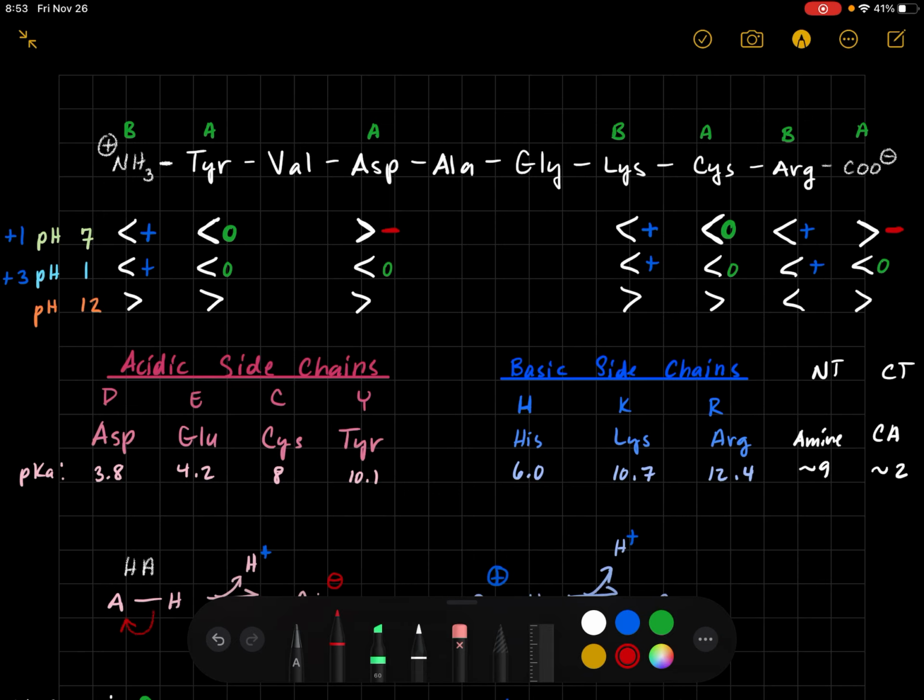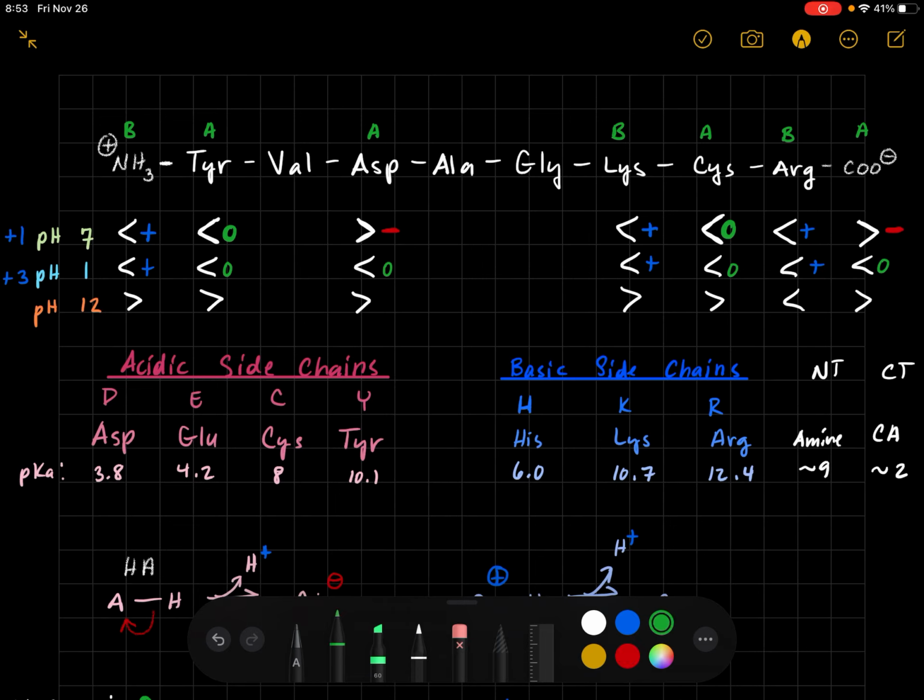Since the pH is greater than the pKa, most of these groups are going to be deprotonated. And since they are deprotonated, the basic groups will have a 0 charge, and the acidic groups will have a minus charge.